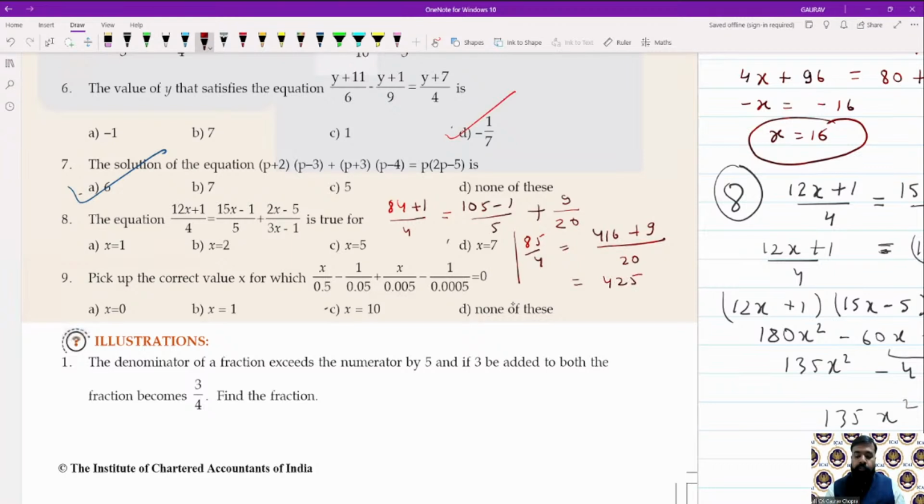So 425 by 20. If we cancel with the help of 5, we are getting 85 by 4. That is exactly the same result which is available on the left hand side. So LHS and RHS both are equal. Whenever both are equal, then we can say that this option is correct.